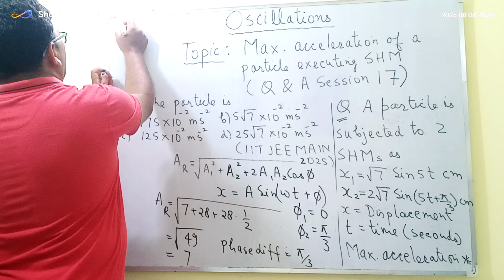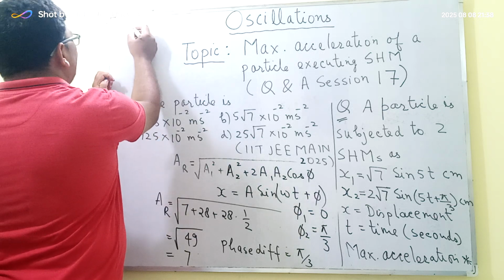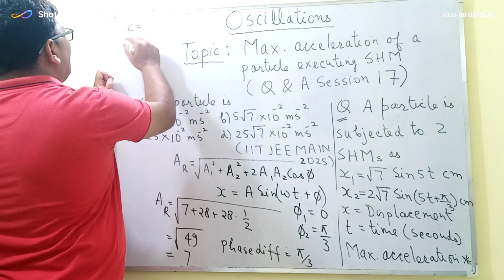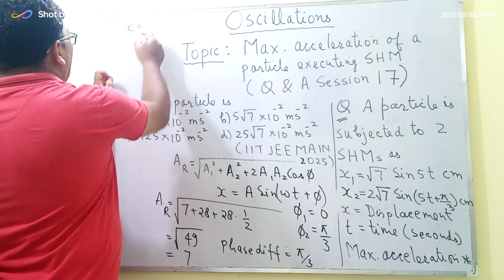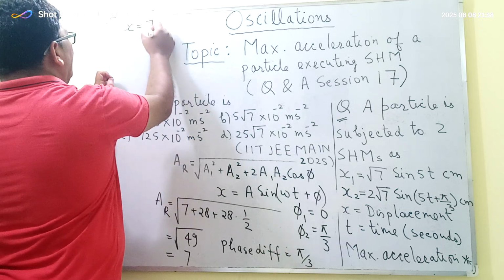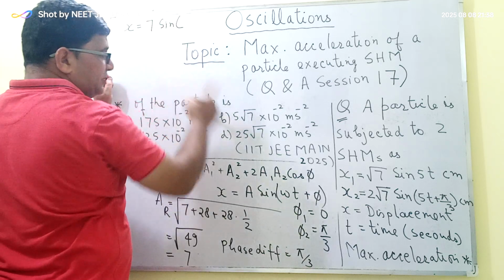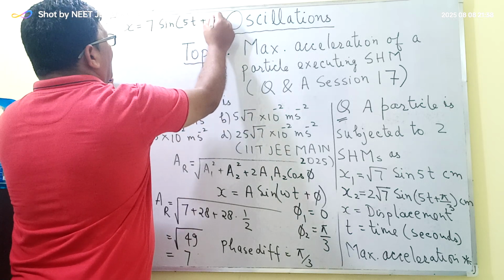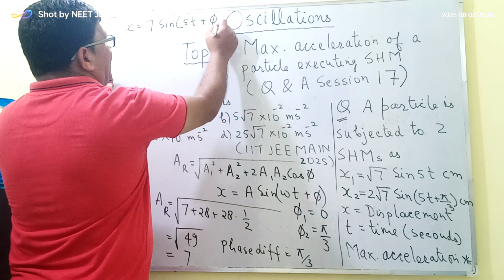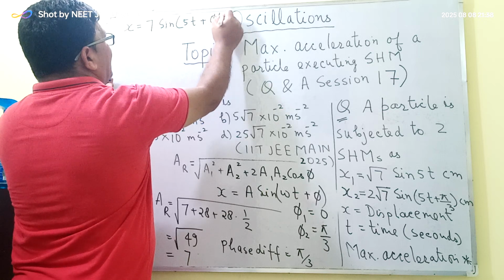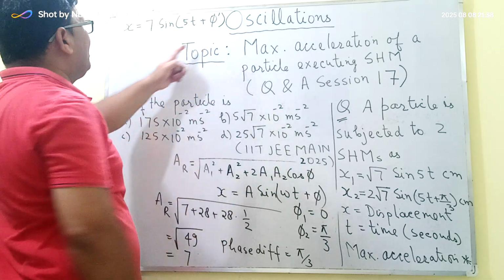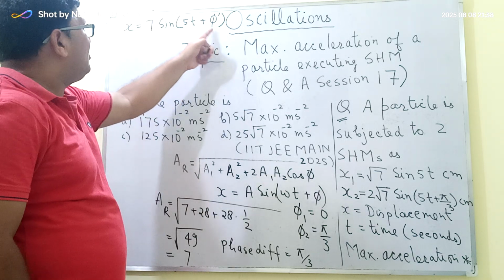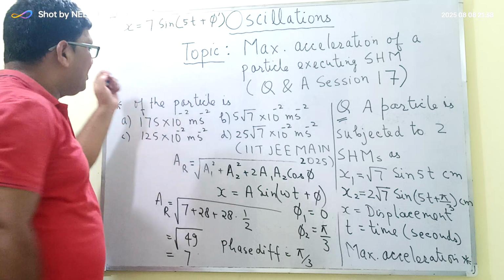So I can write the displacement equation of the resultant simple harmonic motion as x equal to 7 sine (5t plus phi dash), where phi dash is the phase angle of the resultant simple harmonic motion, which I have taken as phi dash.